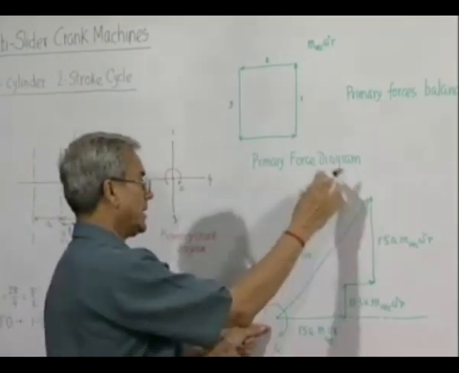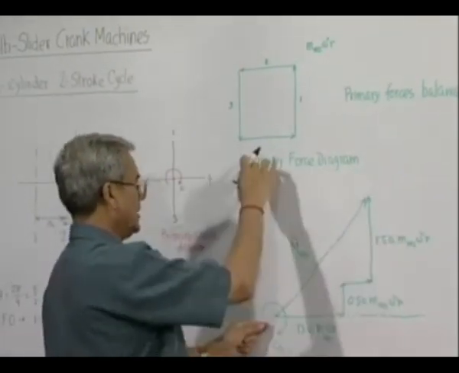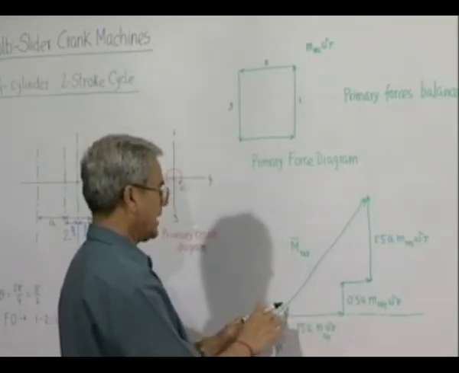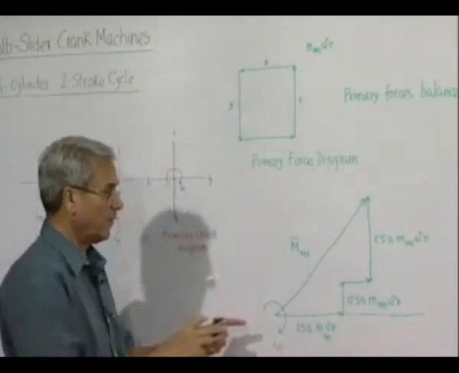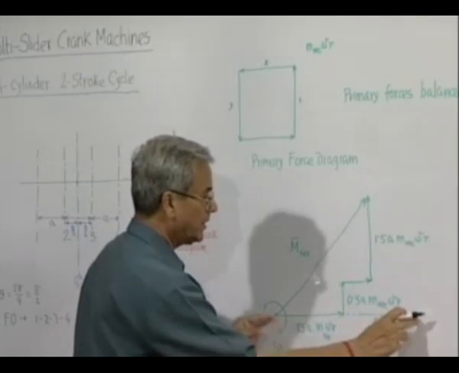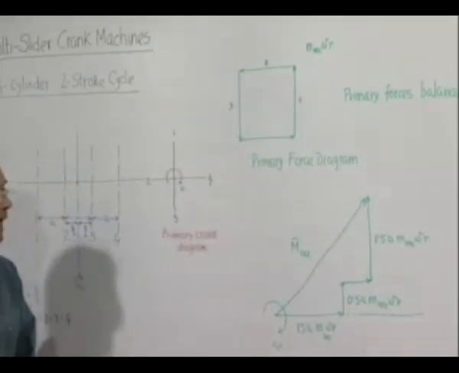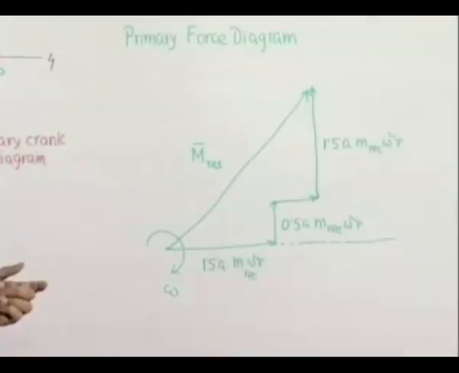So, suppose this is in this position making 90 degrees with this direction, then the moment is instantaneously 0. When the moment is aligned with this vector, then the total moment has its magnitude the same as m reciprocating, the maximum value.